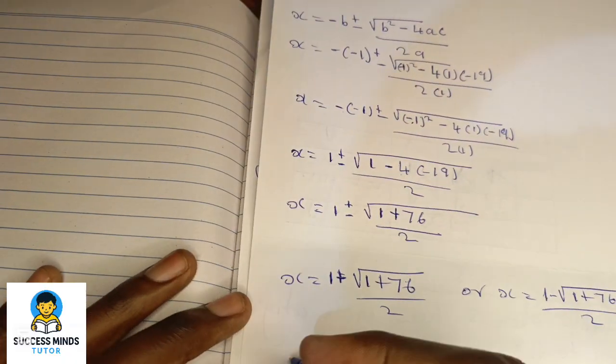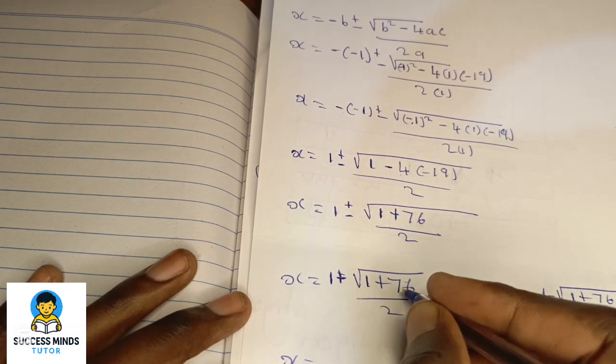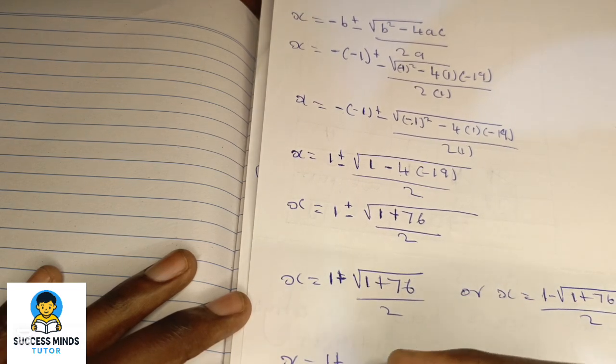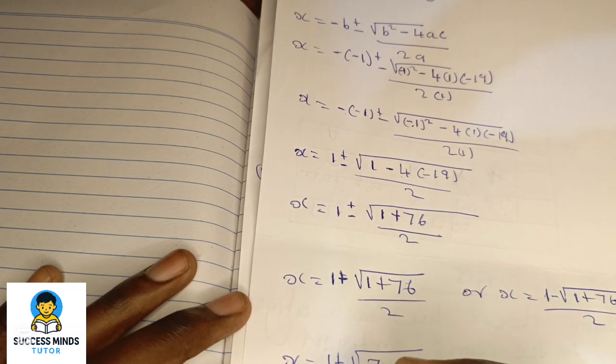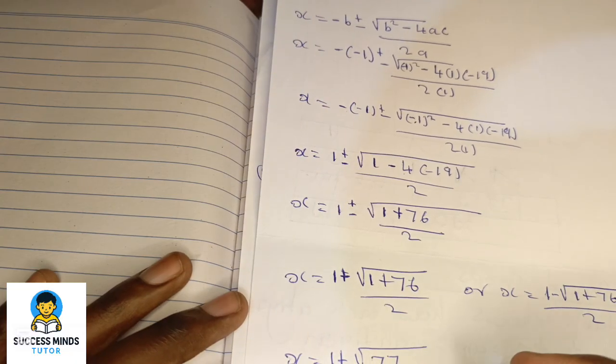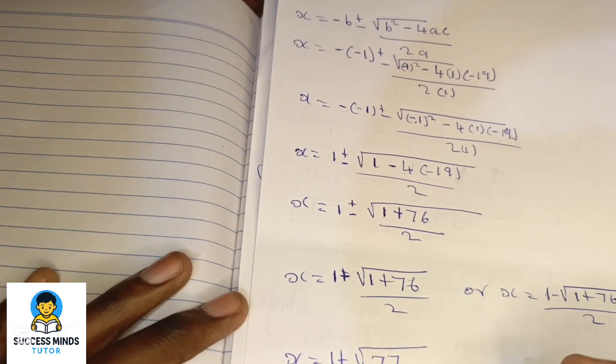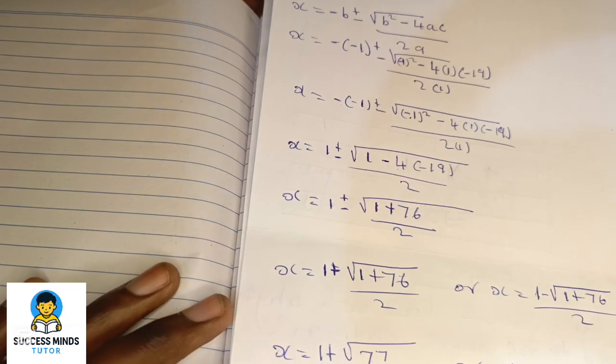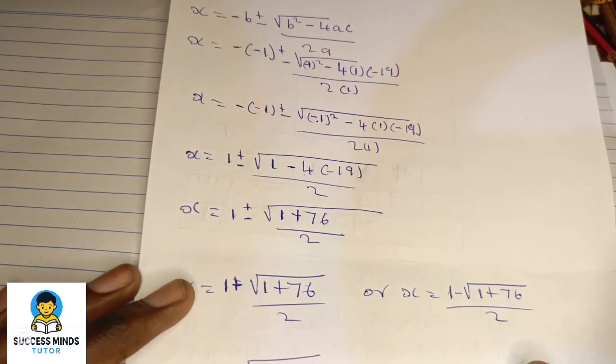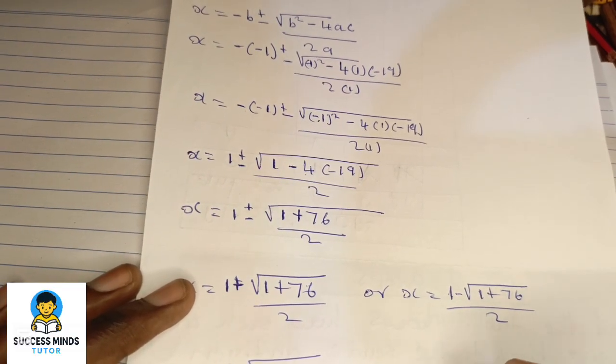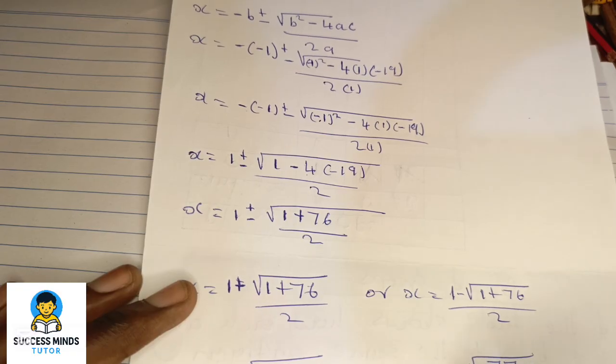When we add what is inside, we have x equals 1 plus the square root of 77, over 2, or x equals 1 minus the square root of 77, over 2.